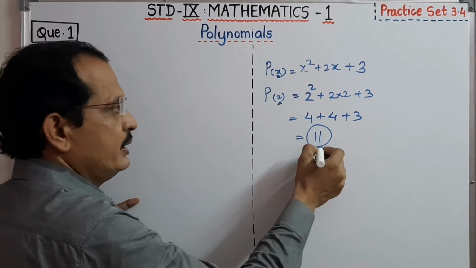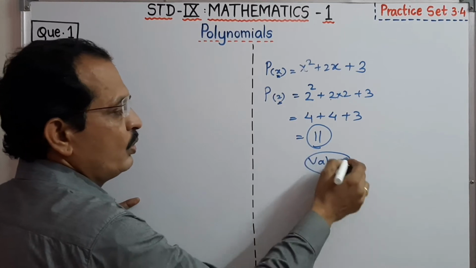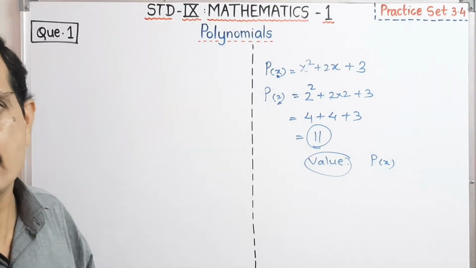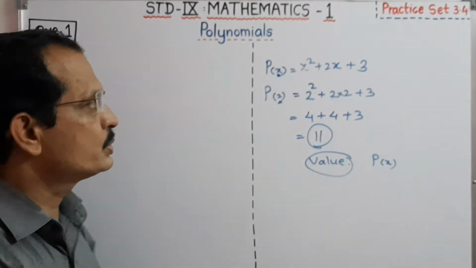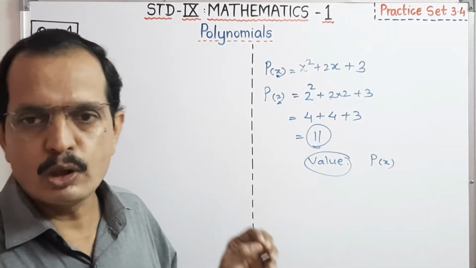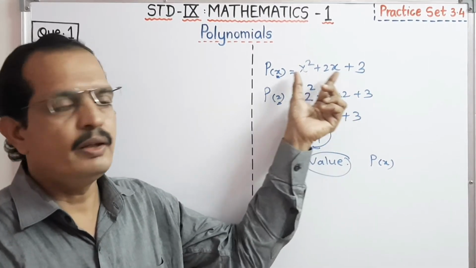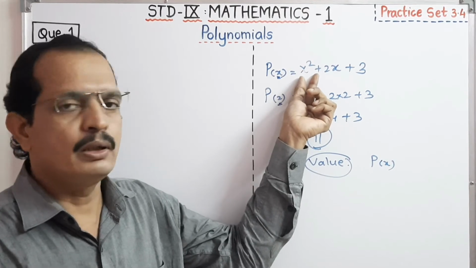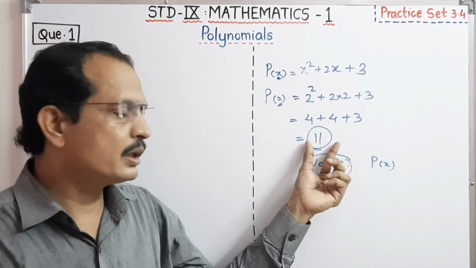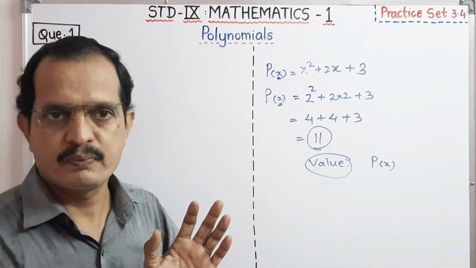This 11 is the value of this polynomial p(x). Now, everything understood? What is the value of a polynomial? It means in the given polynomial, if I replace the variable with a number, we get the answer 11. That 11 is the value of this polynomial.